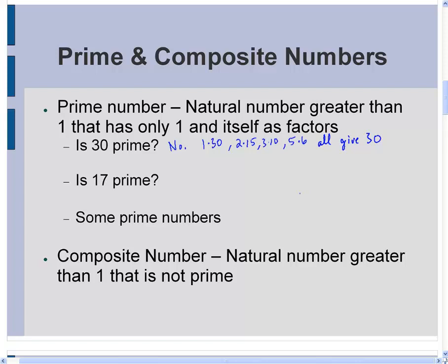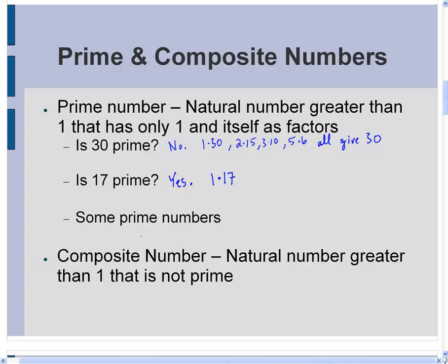Is 17 prime? Yes, 17 is prime. I can only write 17 using multiplication as 1 times 17. There is no other way to write 17 using multiplication with natural numbers.